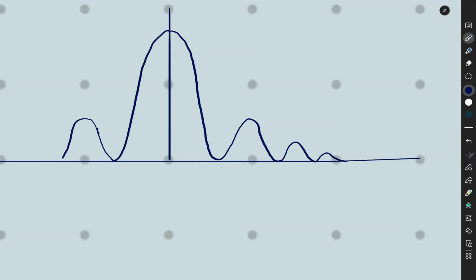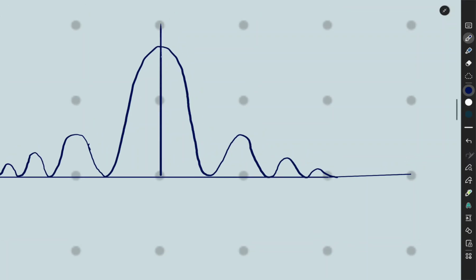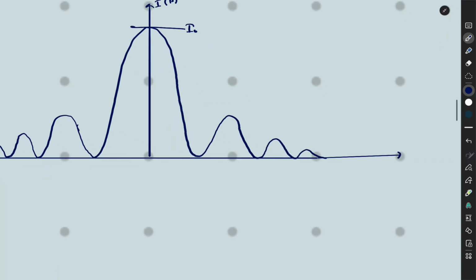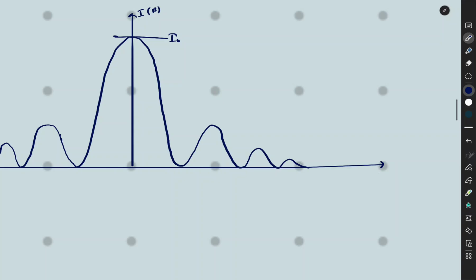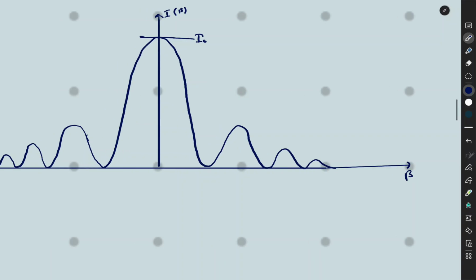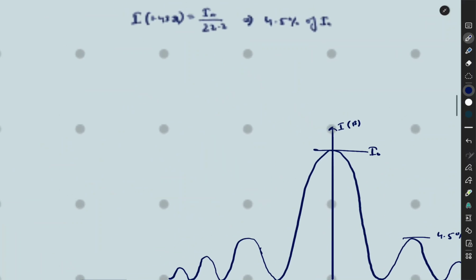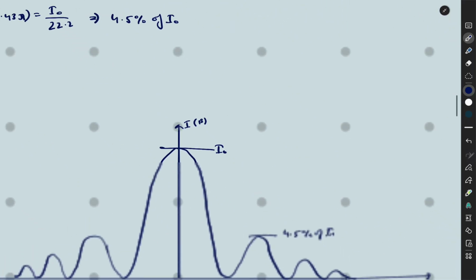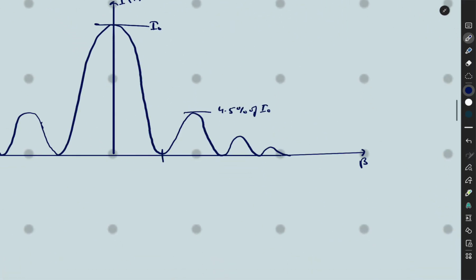It will touch a maxima over here and then a minima and then like this. This will be our I naught, and this is the graph of intensity at any point beta. So our graph will be like this. This will be 4.5% of I naught. That is our first maxima, and our minima will be all zeros.